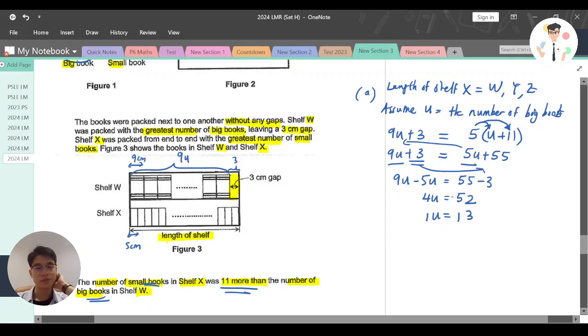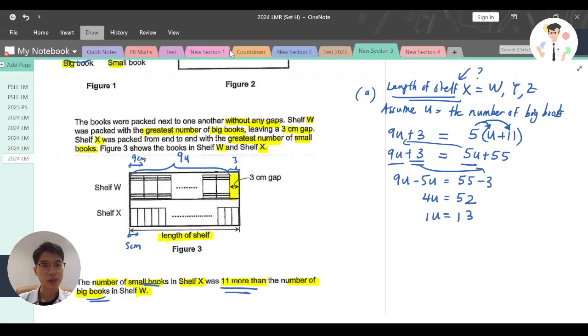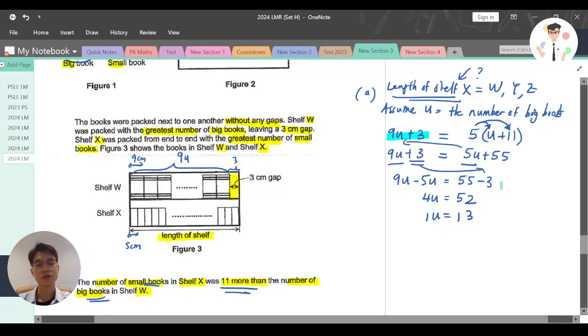So if the question asked how many big books, then that's really the answer because 1 U is equal to 13. But the question asked for the length of the shelf. Okay, this is the question. And I know that these represent the length of the shelf. These also represent the length of the shelf.